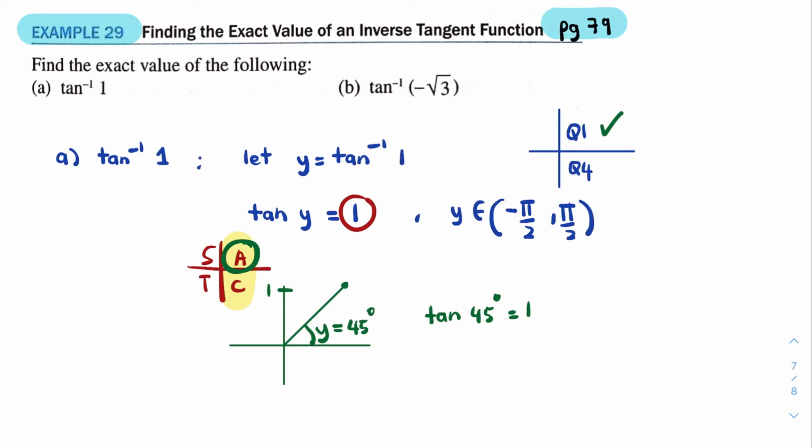But you want your answer in terms of exact value. So over here, your final answer, y, should be equal to pi over 4, which is correct since it falls between negative pi over 2 and pi over 2. So get used to finding which quadrant it falls in, and you have to adjust with the domain of your inverse function.